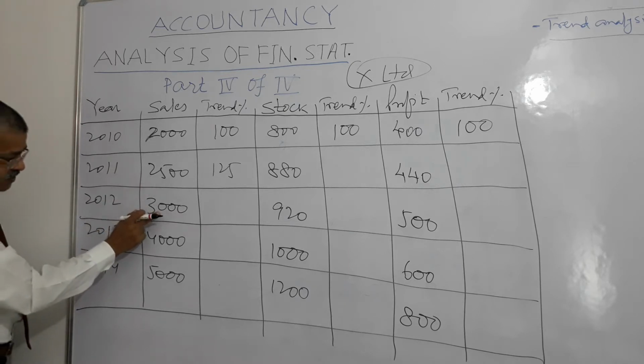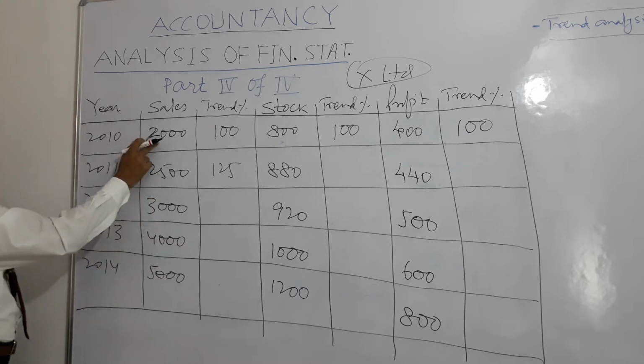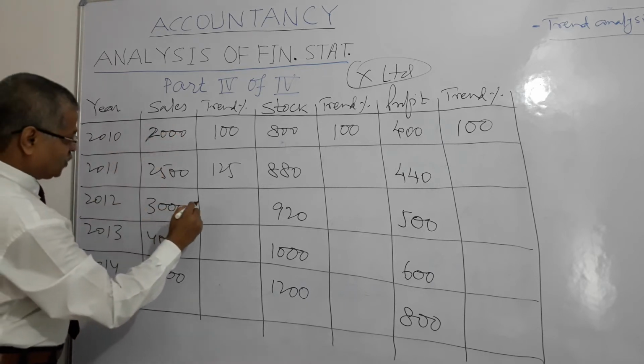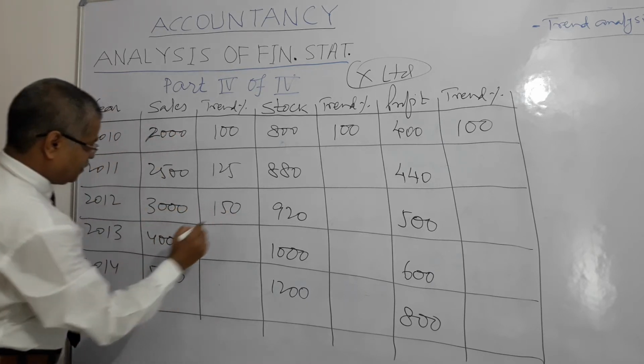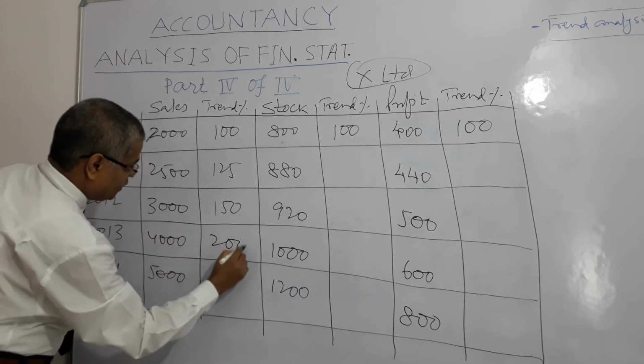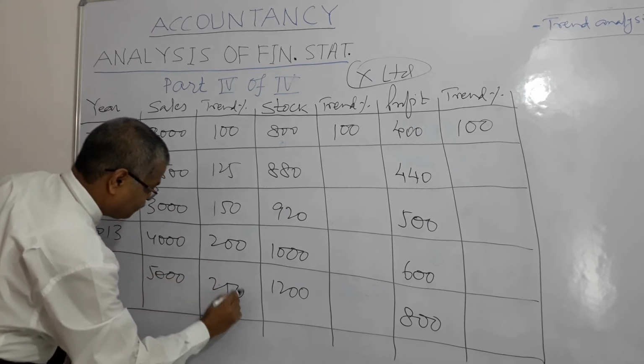We have to see this 3000 always with reference to the base year. The base year is 2010, so in respect of 2000, it becomes 150. With reference to 2000, this becomes 200, and this becomes 250.